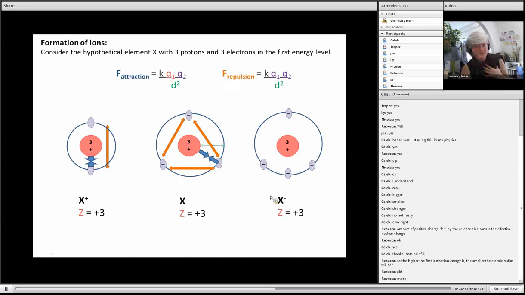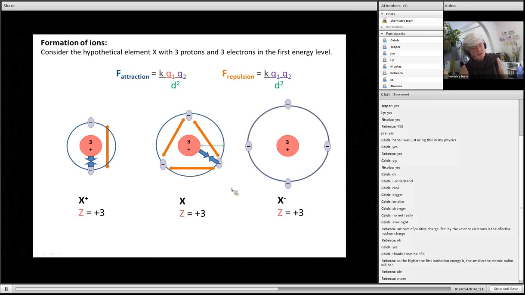If I add the electrons, overall I'll have more repulsion, but the repulsion between each two electrons will be the same. So they're going to spread out more to keep that repulsion the same.